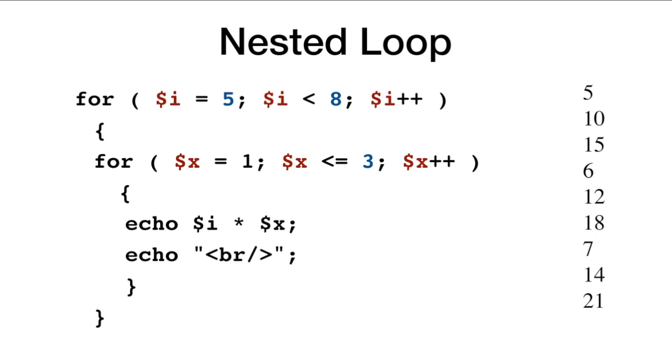And then the inner loop goes around again with X set to 3, for 7 times 3 is 21. So the inner loop finishes its journey and doesn't go around again, and then the outer loop is also finished because the next time around I would be 8 and the condition there would fail. So you can have a loop inside a loop if you really want to be adventurous.